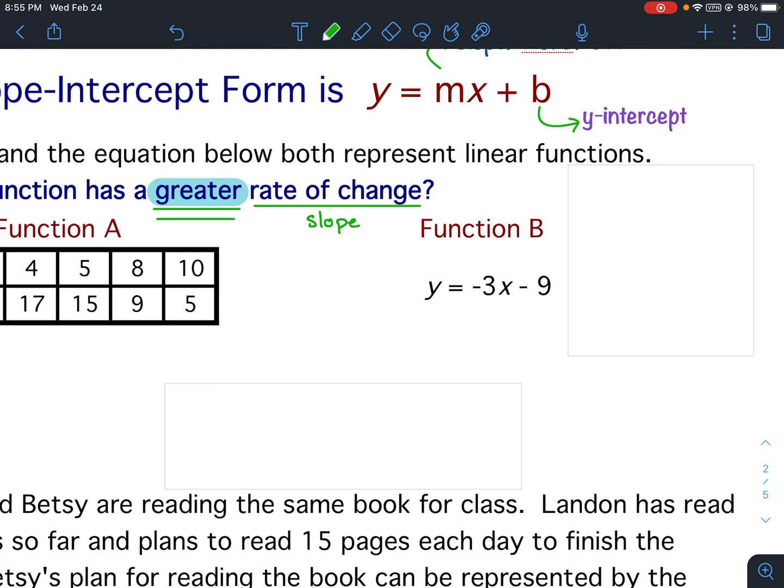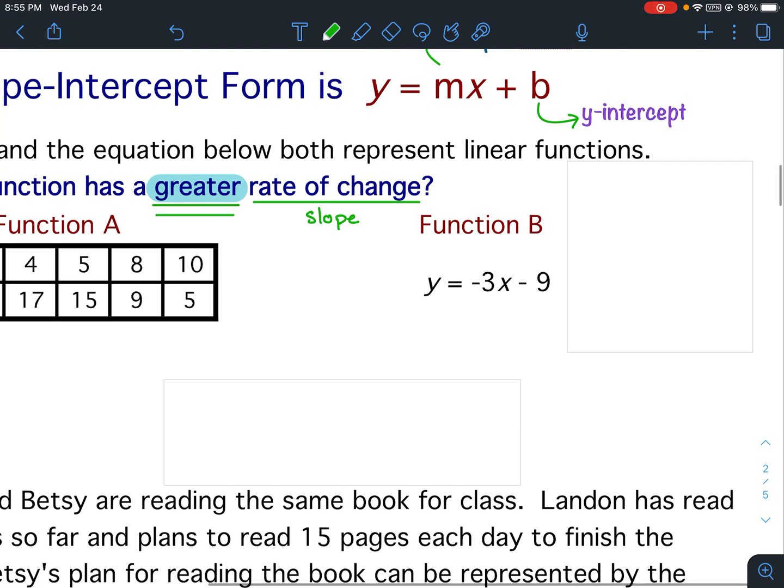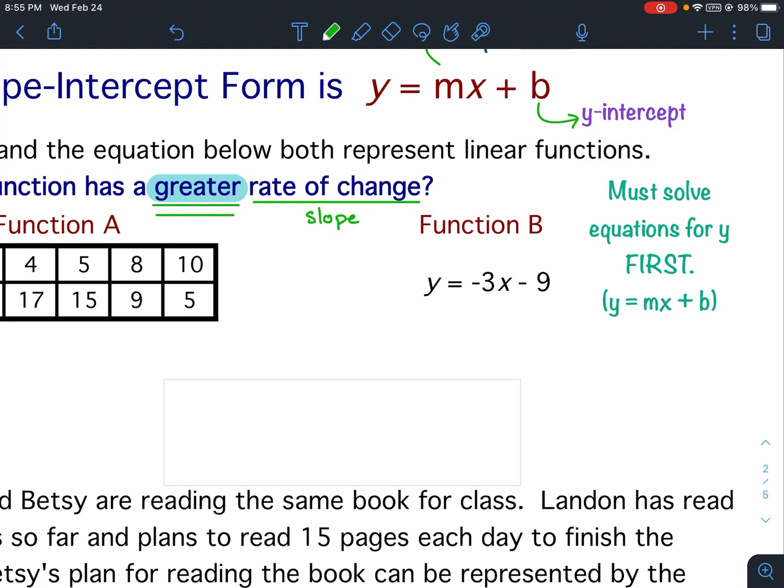Let's start with function b. You're given an equation. So when you are given an equation, you must solve the equations for y first. Pause your video and get this written down.